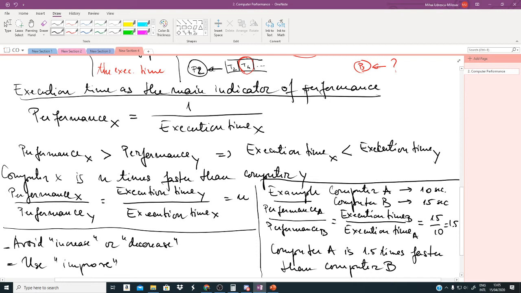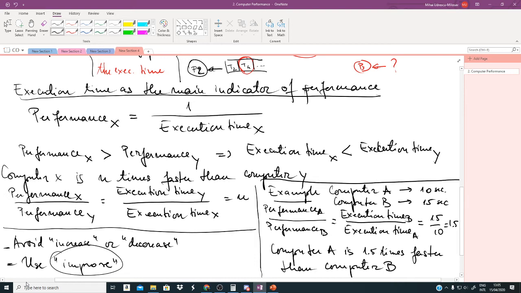Obviously, improve means increasing performance, and on the same improvement, it means decreasing the execution time. But in order to avoid any confusion, improvement and all these things are used instead of increasing and decreasing.